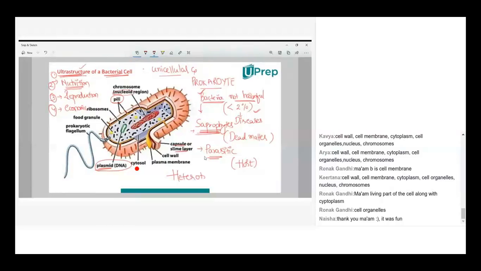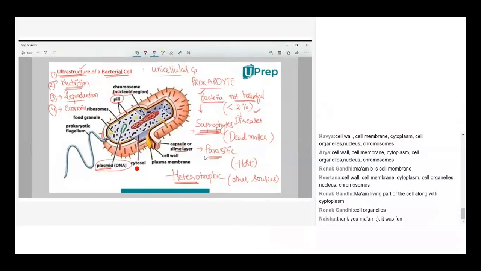This is different from autotrophic. Plants prepare their own food material, called autotrophic, whereas heterotrophic means depending on other external sources for nutrition. So most of the bacteria are saprophytes.